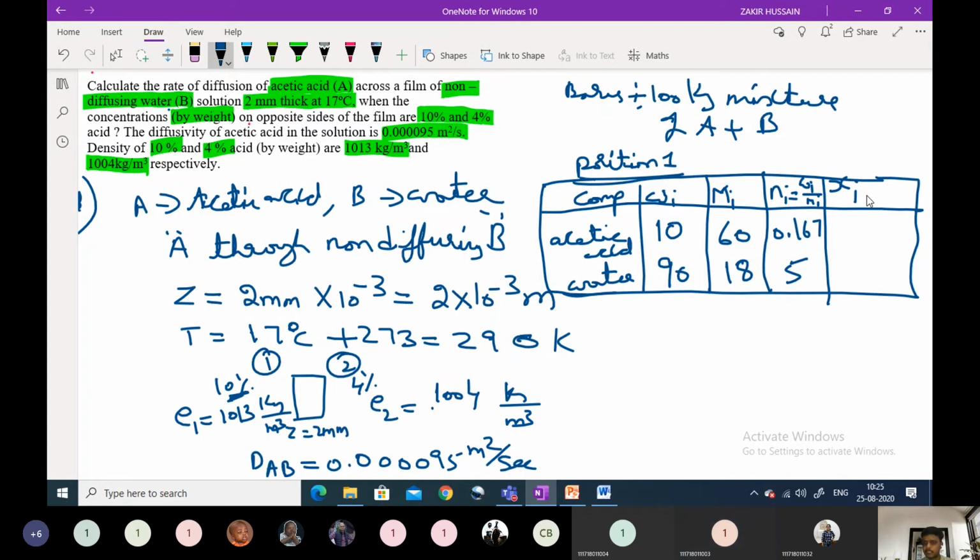Then xi is equal to ni by n. The total n is 5.167.